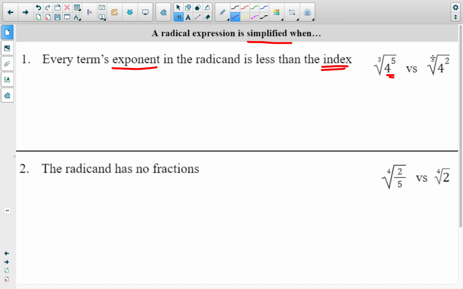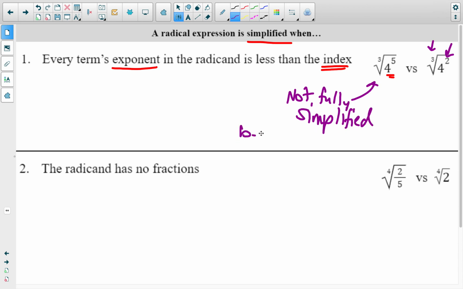Versus this cubed root of 4 squared, this 3 is bigger, meaning that this would be fully simplified, okay? So you could just say not fully simplified because 5 is greater than 3. Okay, just a little note for yourself. We'll talk about how to simplify them in this section. But right now we're just talking about how we know something is simplified.